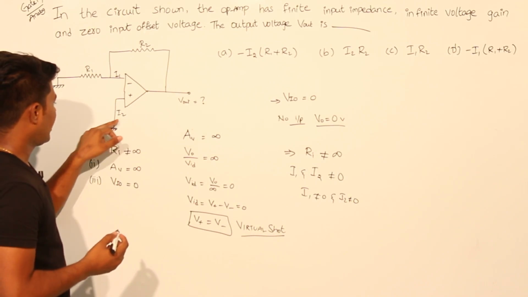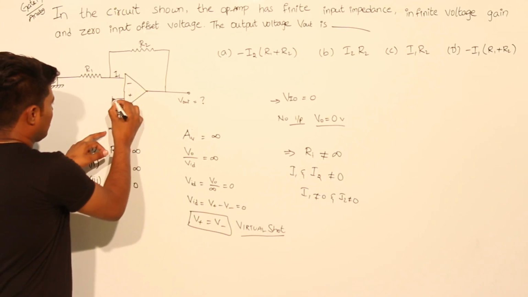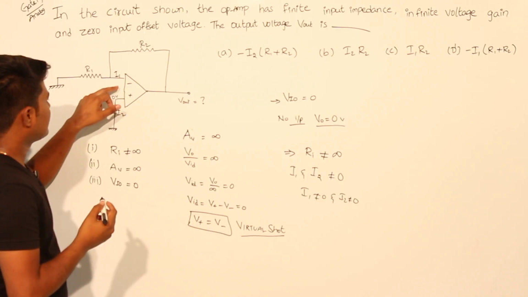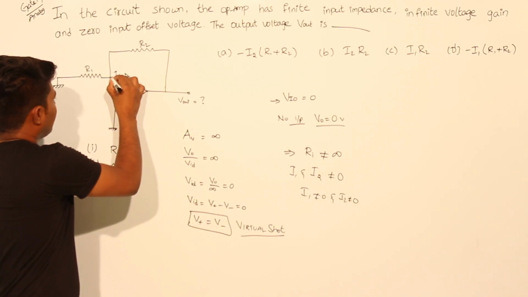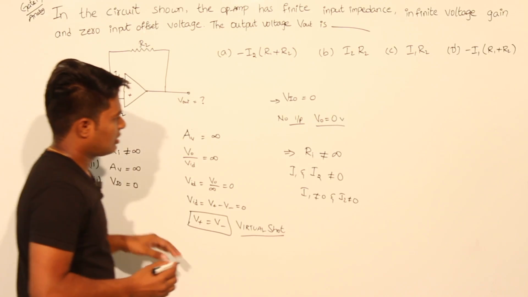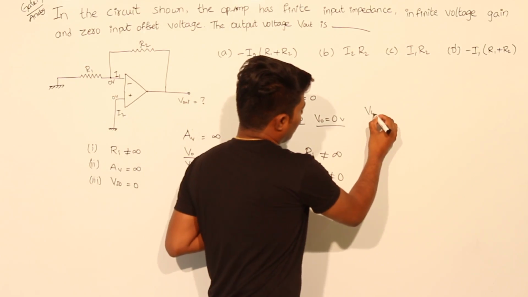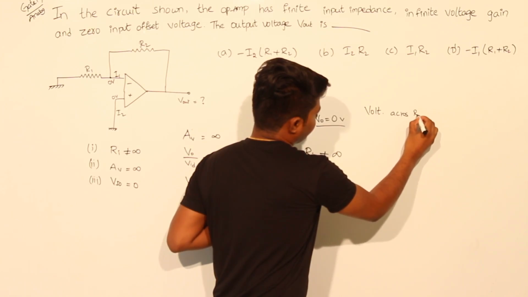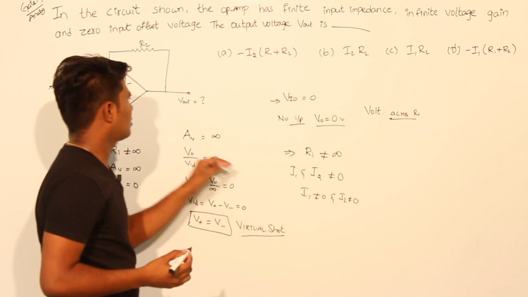You see here, the non-inverting terminal is at 0 volts. We can see the inverting terminal, this point, should also be at 0 volts. Now let us see the voltage drop across R1.